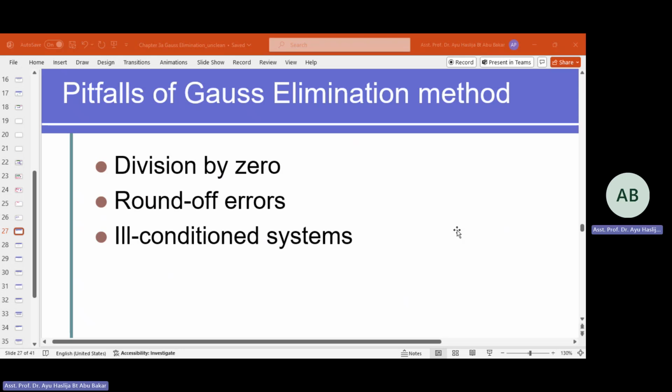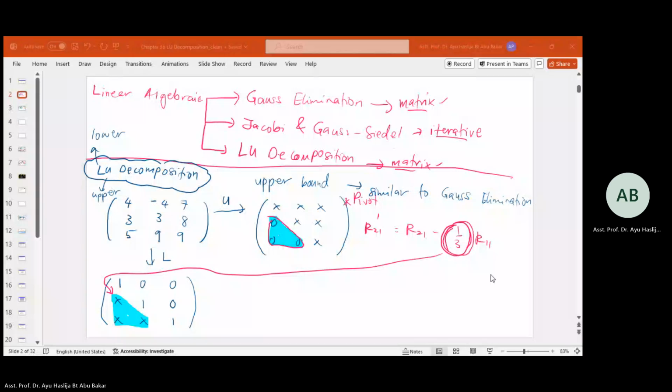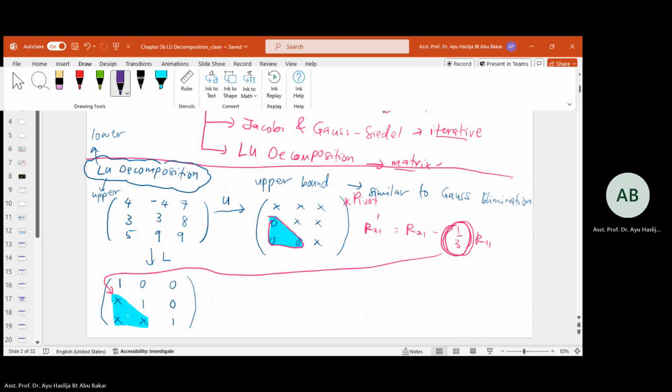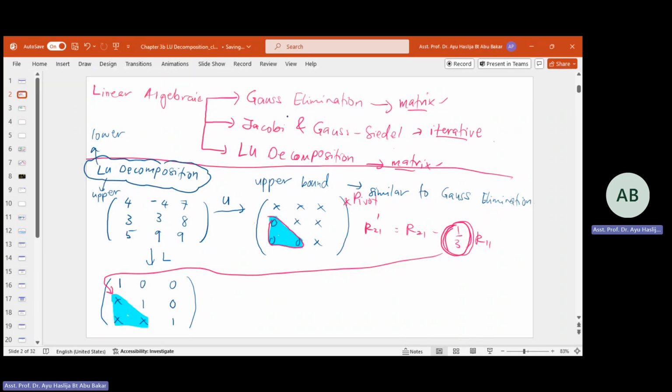For linear algebraic, as I mentioned earlier, we will have 3 methods. Gauss elimination and LU are matrix methods, where they are related in a way.